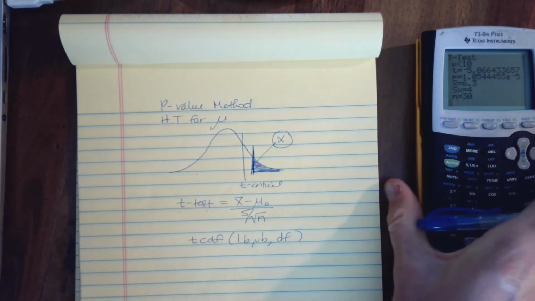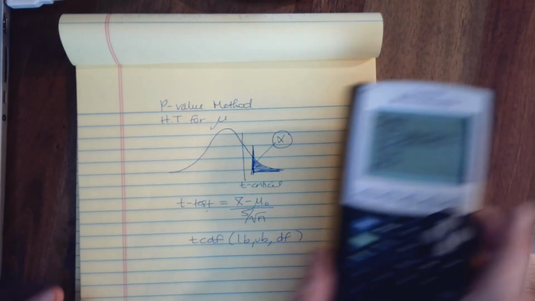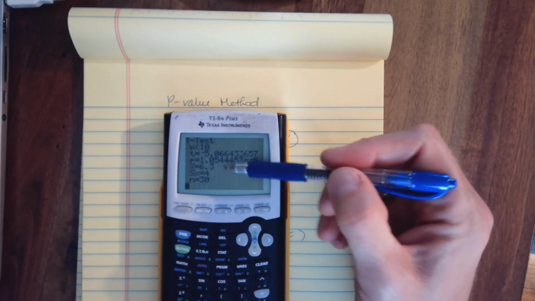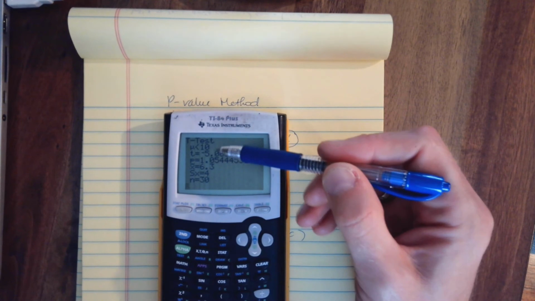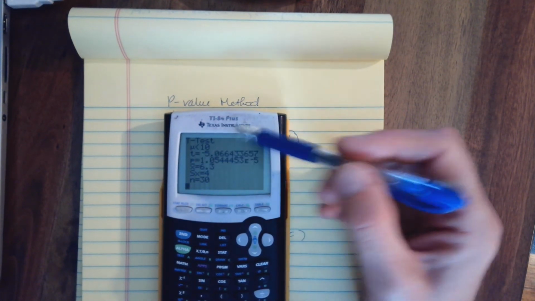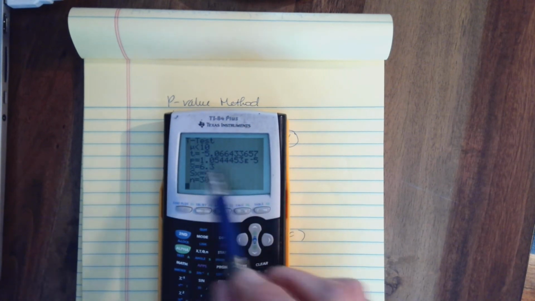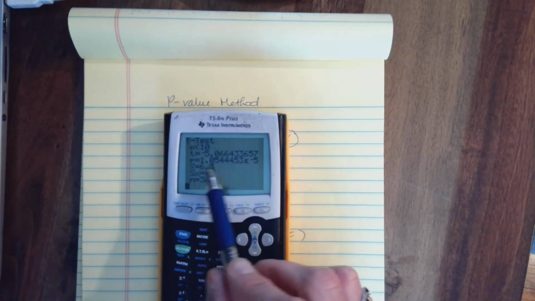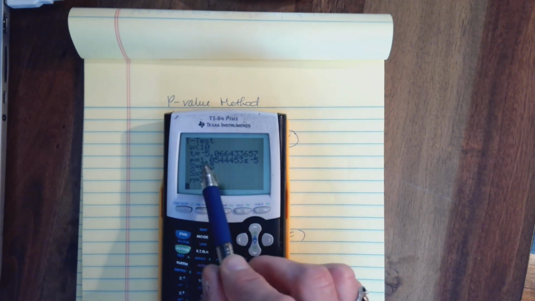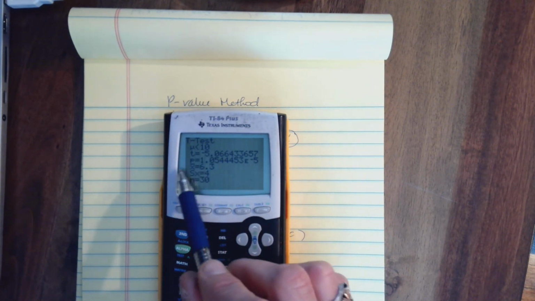But I also want to point out that this is something else that is calculated automatically in your TI-84 when you use the t-test function. It's the value here where it says p equals. In this case, I was getting a result of 1.05 times e to the negative fifth. So when I have that e to the negative 5 there, it means I really would need to move this decimal place 5 places to the left.